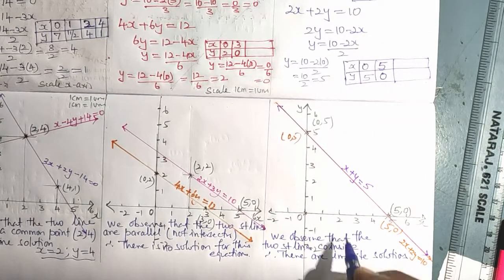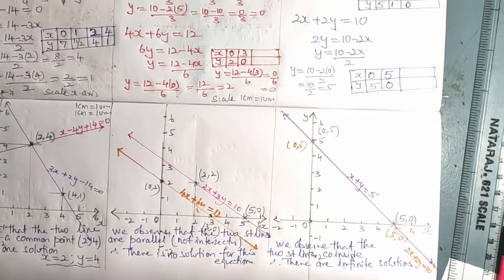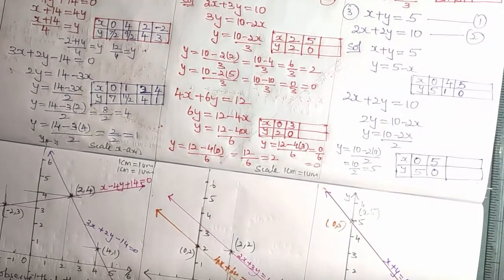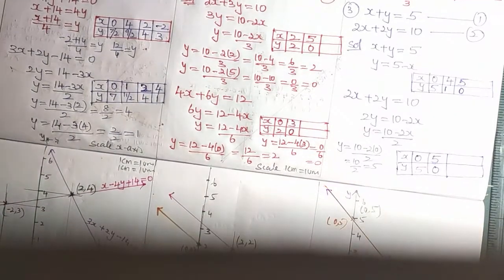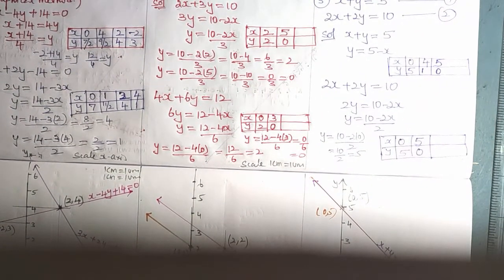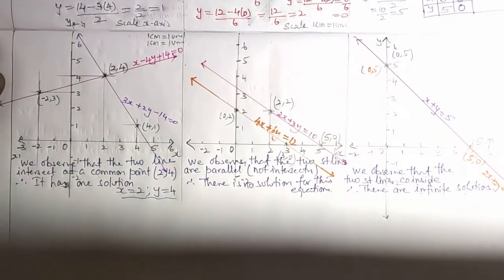How many solutions does this type of equation have? It has infinite solutions. Now, what is the conclusion that we can draw here?